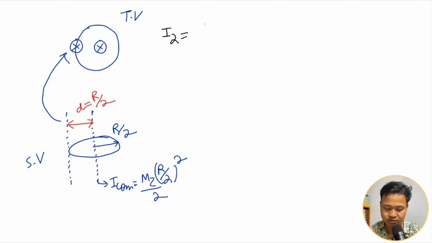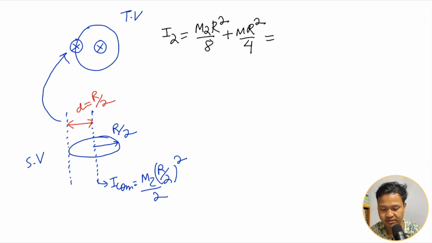I_COM is m r square by 4 for the small disc, with r by 2, that is m r square divided by 8, plus md square, with d equal to r by 2, so r by 2 square is mr square divided by 4.